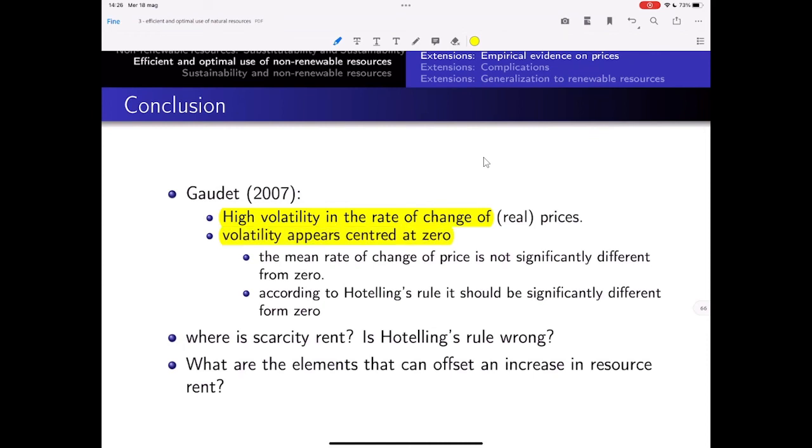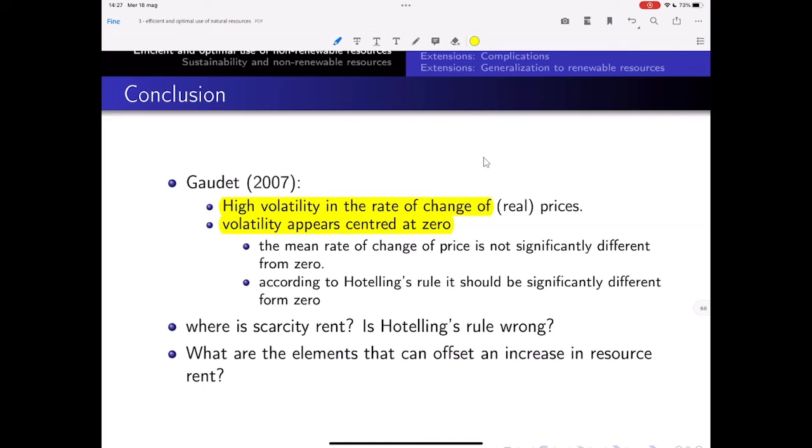So that is to say, the author here, I've taken these results from the presidential address by the president of the Canadian Economic Association in 2007, who gave a presidential address on the Hotelling rule and the empirical counterpart. And even though the author did not test it, so there is no statistical test whether the average is significantly or not significantly different from 0, the data are quite compelling.